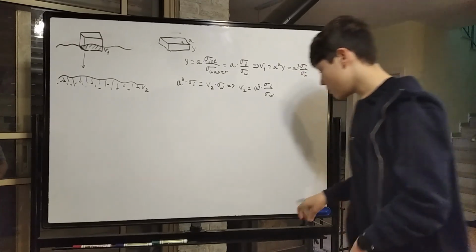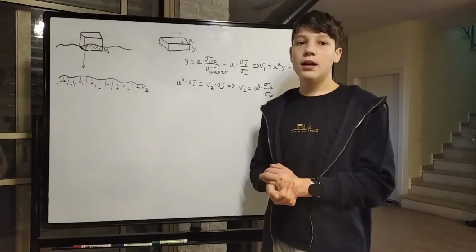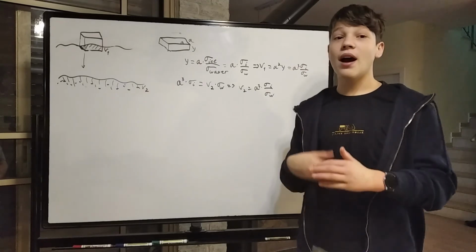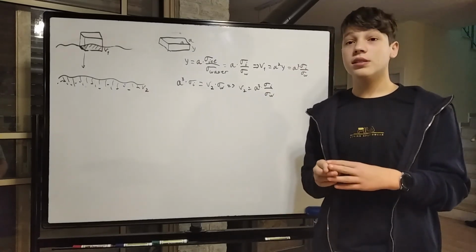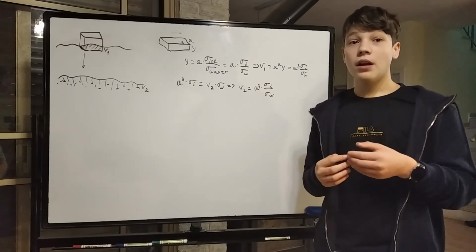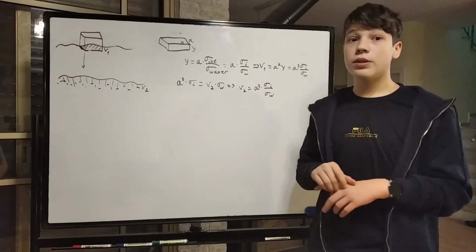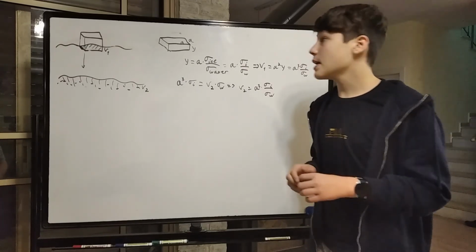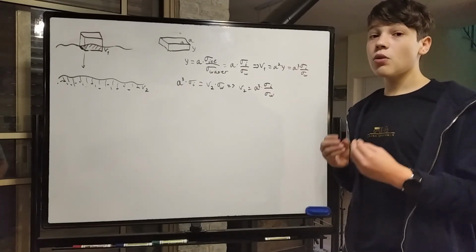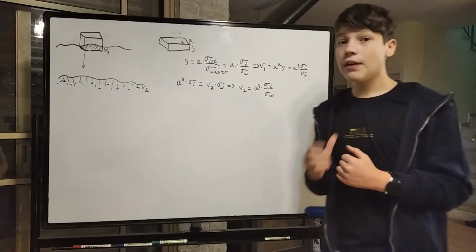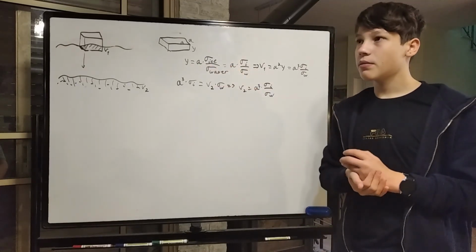Which also means, hypothetically speaking, let's say you have icebergs in the ocean, and let's say for some reason the earth starts to heat up, causing the icebergs to melt. Because we know the icebergs are floating in place, we know that when they're melting, it still won't change the level of the water based on what we just did here.